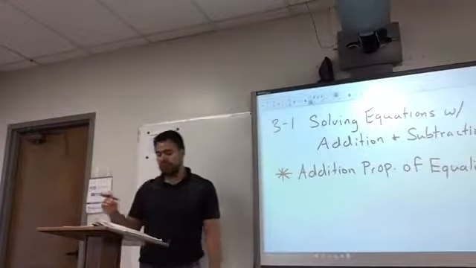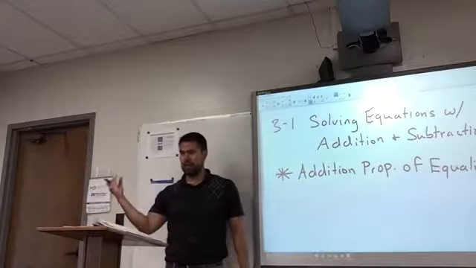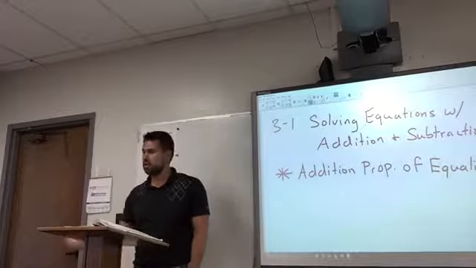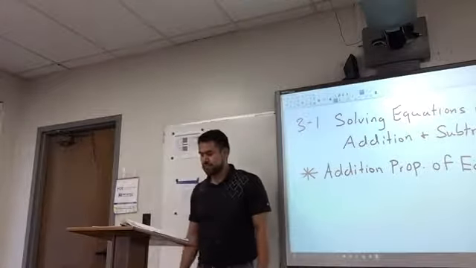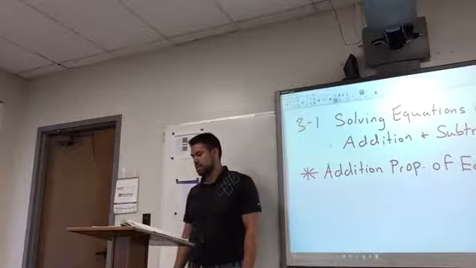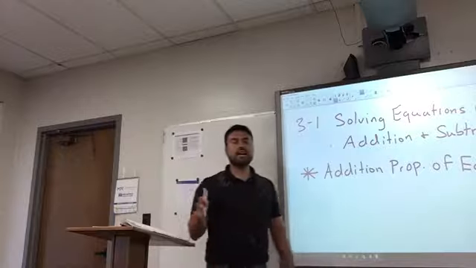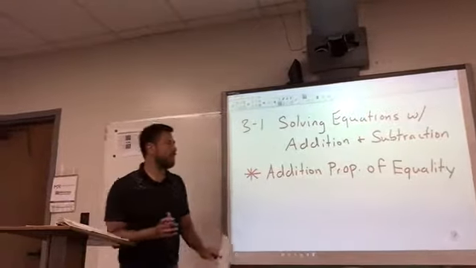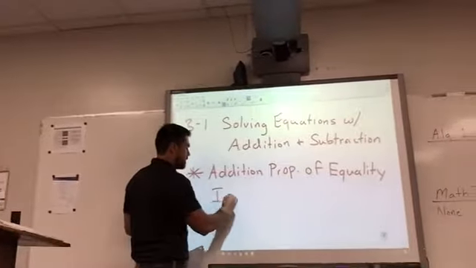Okay, can someone read for me on page 144 in that little yellow bar? What is the addition property of equality? Go ahead, Josh. "For any numbers a, b, and c, if a equals b, then a plus c equals b plus c." Okay, and if you look through that too quickly, it's like, what are they trying to say? I'm going to summarize it as succinctly as I can.